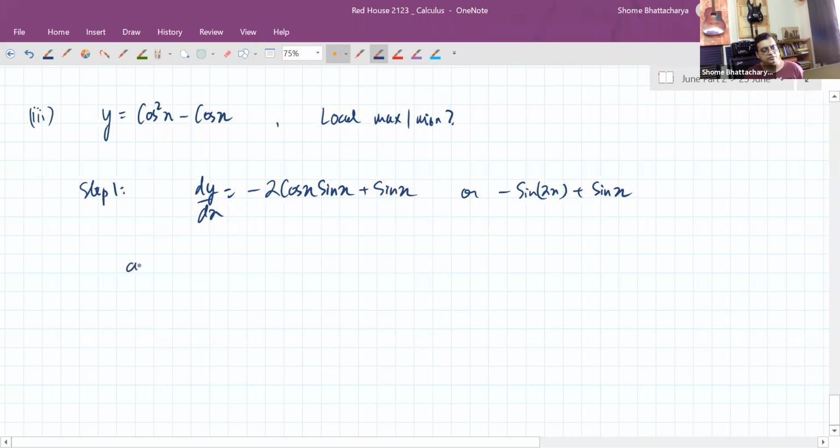So for the second derivative, we can just differentiate this term, it will be easier. So it will become minus 2 cos 2x plus cos x. So that's our first step done.